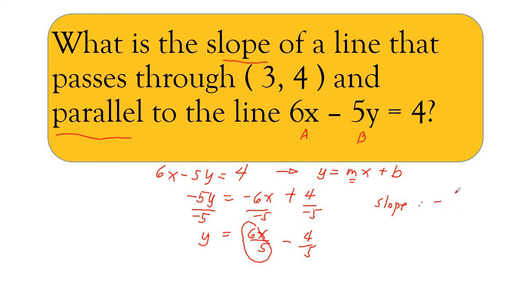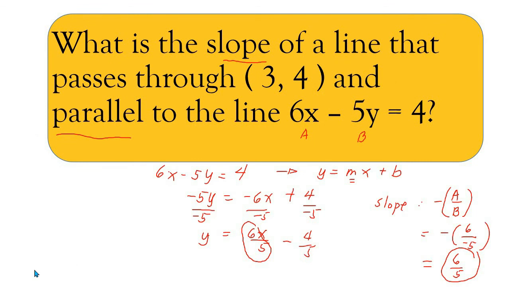And that is negative times the value of a over b. So, our value of a is 6. That's negative times 6 over the value of b, which is negative 5. What is negative times 6 over negative 5? That is 6 over 5. So, still we have the same result. So, the answer is 6 over 5.